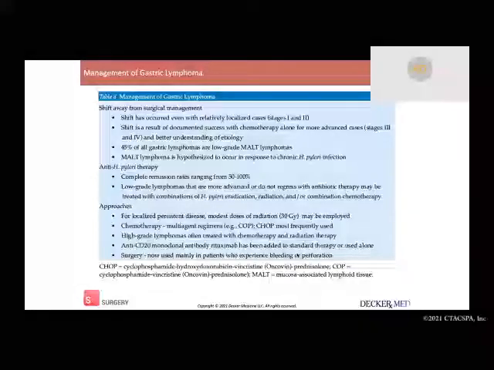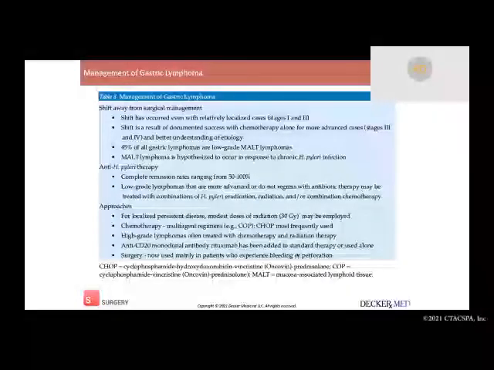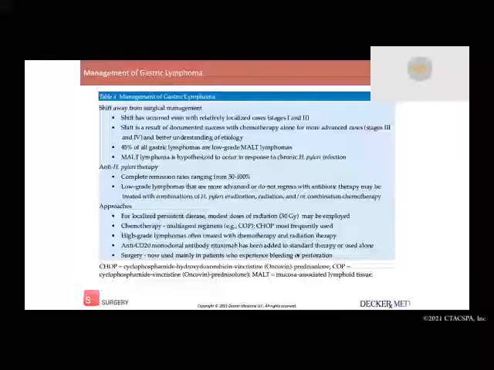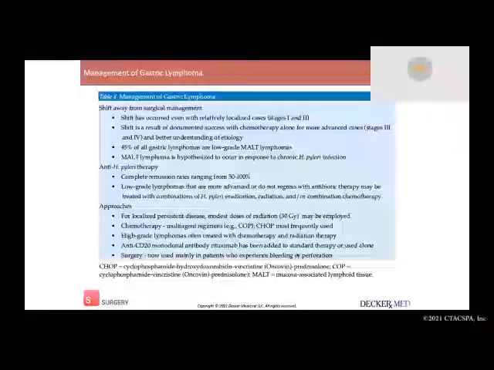If you cure people of their chronic H. pylori infection, you can have very, very high remission rates so that you don't need to give them chemotherapy. You don't need to do anything with them. It represents more of a low-grade lymphoma. Again, there are some people that will have persistent disease even after H. pylori eradication. And in those people, they'll get chemotherapy and radiation, CHOP being the most commonly used chemotherapy.